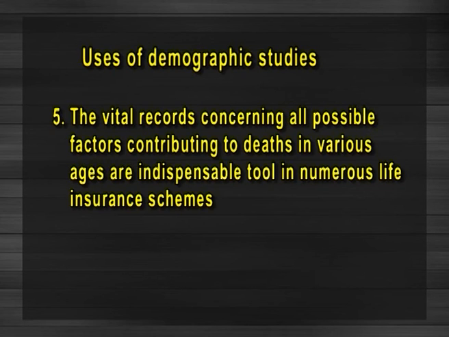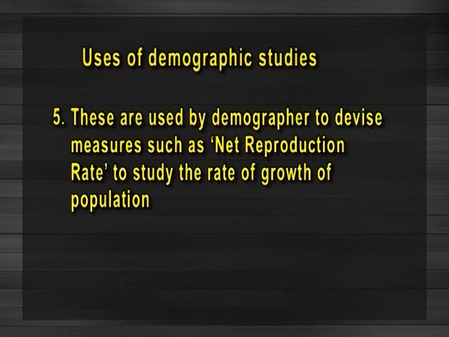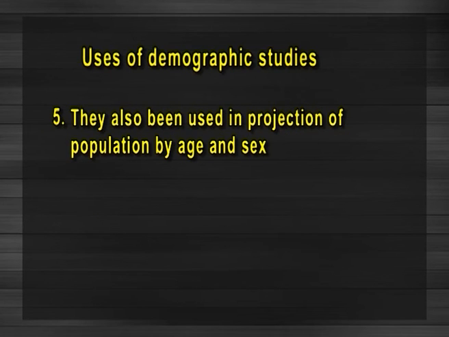The vital records considering all possible factors contributing to deaths in various ages are indispensable tool in numerous life insurance schemes. These are used by demographers to devise measures such as net reproduction rate to study the rate of growth of population. They also have been used in projection of population by age and sex.